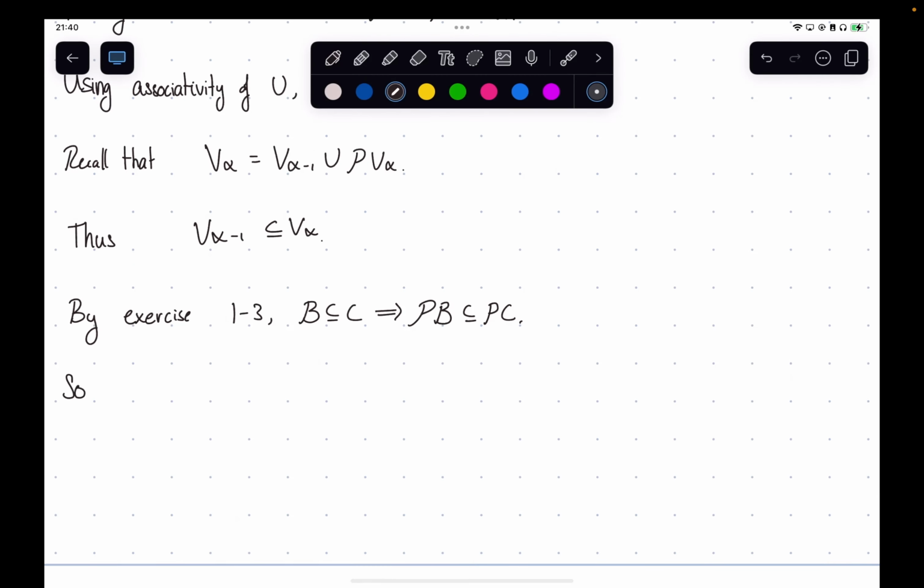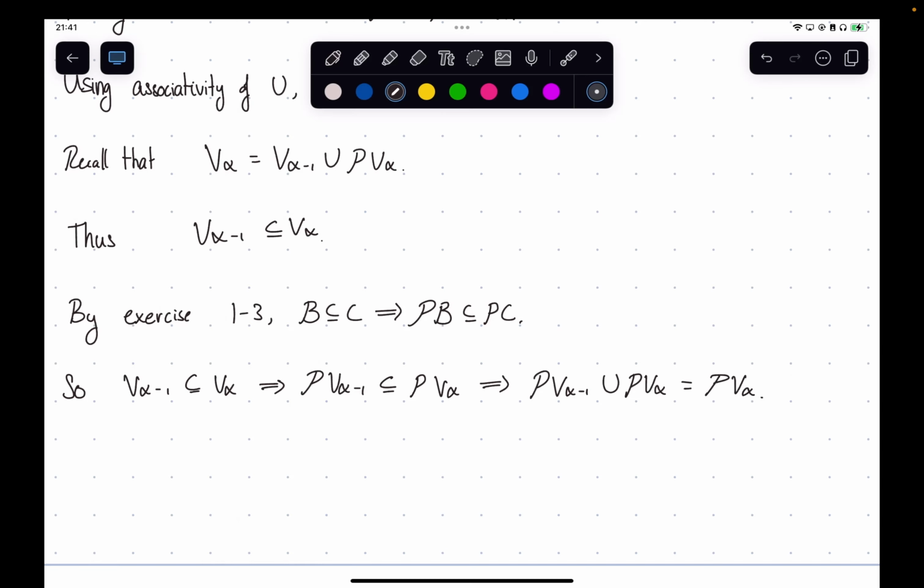So V sub alpha minus 1 subset of V sub alpha implies that the power set of V sub alpha minus 1 is a subset of the power set of V sub alpha, which implies that the power set of V sub alpha minus 1 union the power set of V sub alpha is just going to be the power set of V sub alpha.